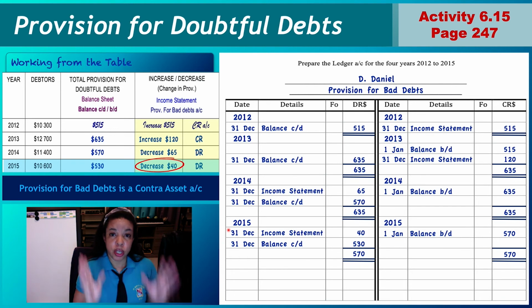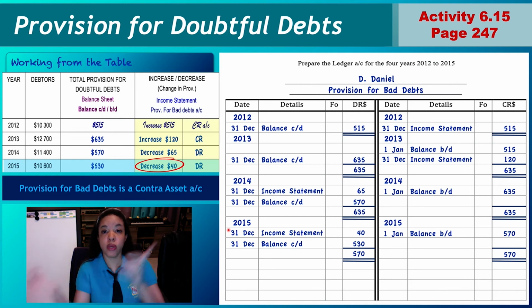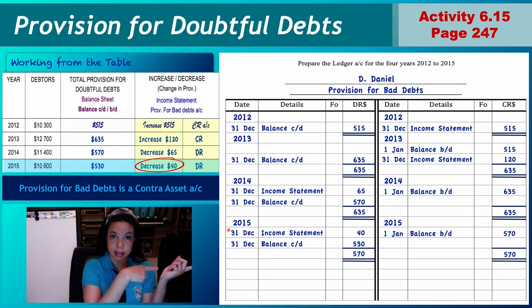Okay, you can do it in any order as long as it ends up looking like this. All right, as long as it ends up looking like this, then we are good. So always make sure that it looks like that, and then you know that you're good. Otherwise, something is definitely wrong.